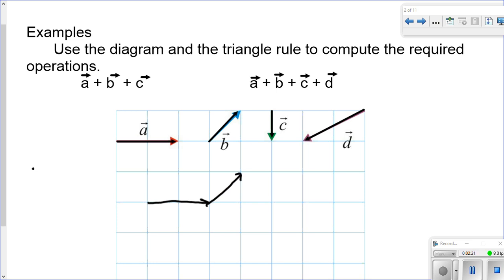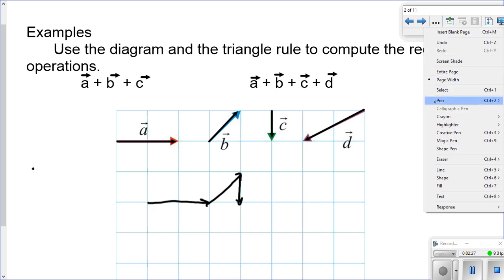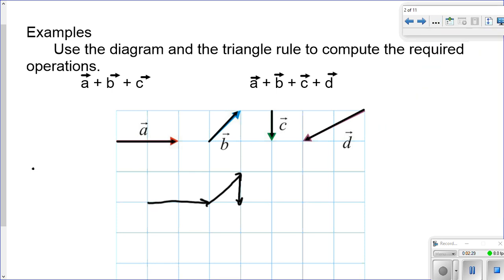And I'm going to add C to it, and C is down here. My resultant vector is the combination of these three vectors added together. Since I started here and ended here, my resultant vector is in red here. Let's do the second one, A plus B plus C plus D.